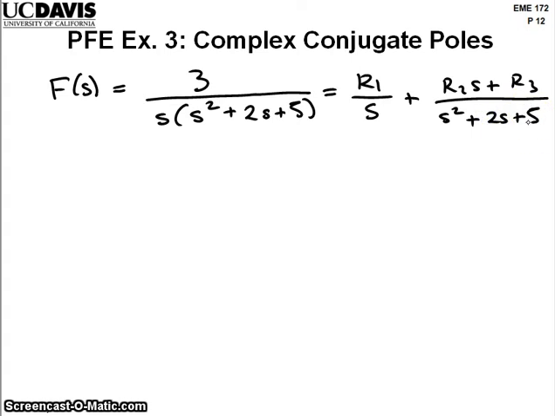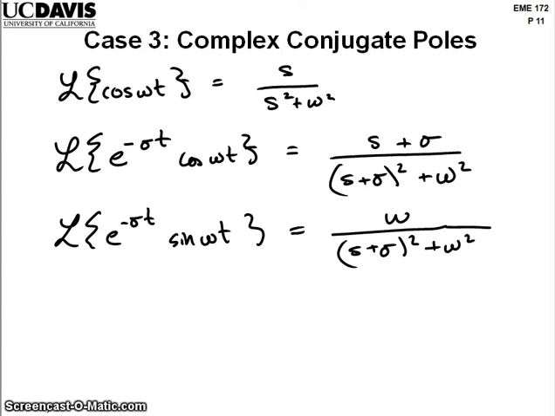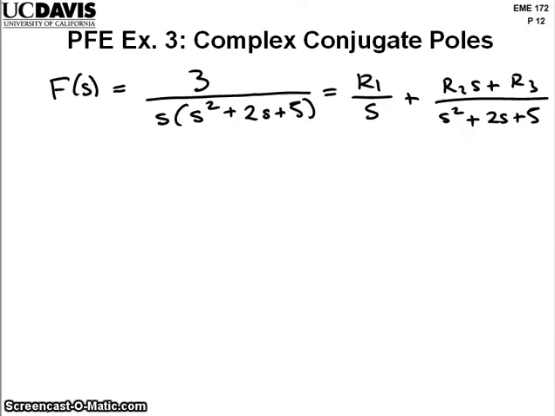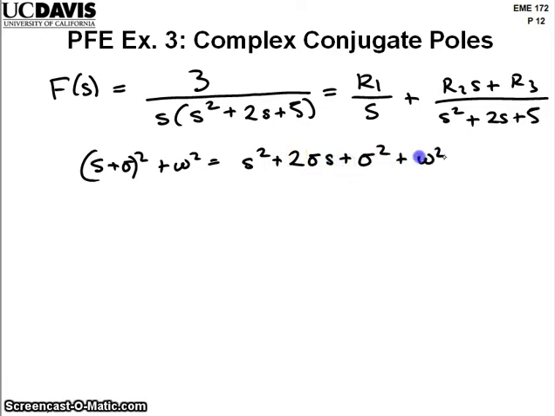Okay, and this looks a little bit different from the way that I wrote it in the Laplace transforms. I have a term that looks like s plus sigma quantity squared plus omega squared, and so I could note that if I expanded that out, I get s squared plus 2 sigma s plus sigma squared plus omega squared.